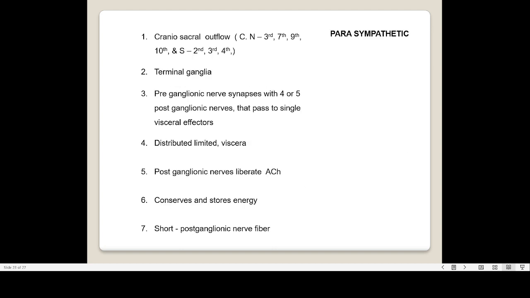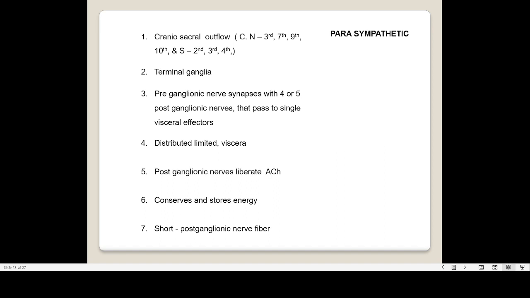Then the parasympathetic system, usually called craniosacral outflow: cranial nerves 3rd, 7th, 9th and 10th, and sacral segments 2nd, 3rd and 4th, from the lateral gray column of the sacral segments. The ganglia are called terminal ganglia.